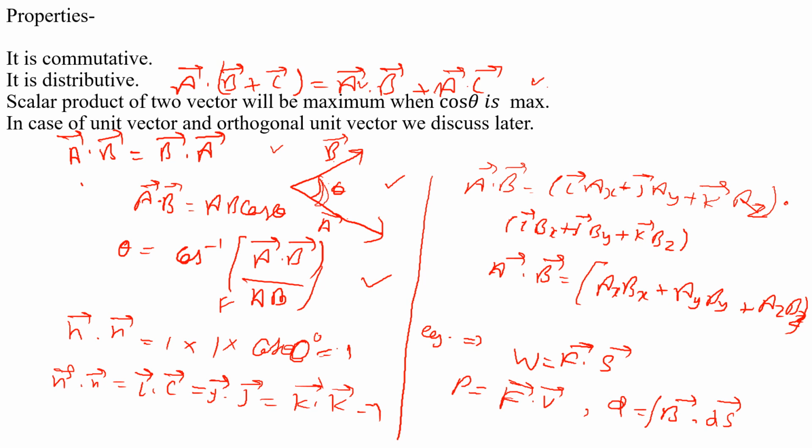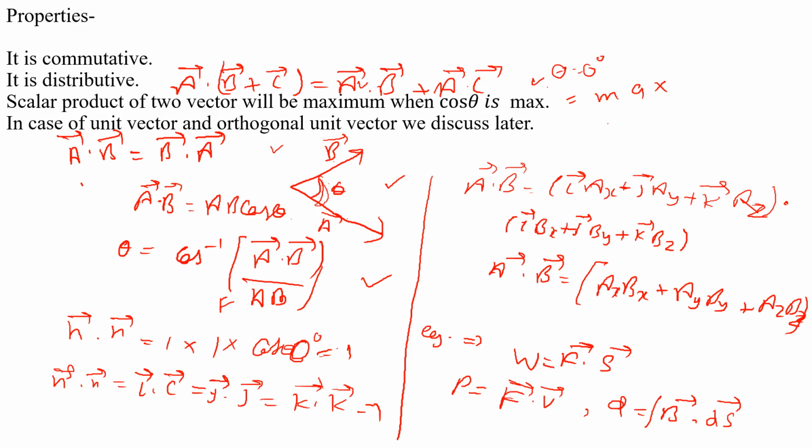Theta is equal to cos inverse of a vector dot b vector by ab. Next, the scalar product of two vectors will be maximum when cos theta is equal to 1, meaning theta is equal to 0 degree. When theta is equal to 0 degree, then it is maximum, meaning a vector dot b vector is equal to ab.